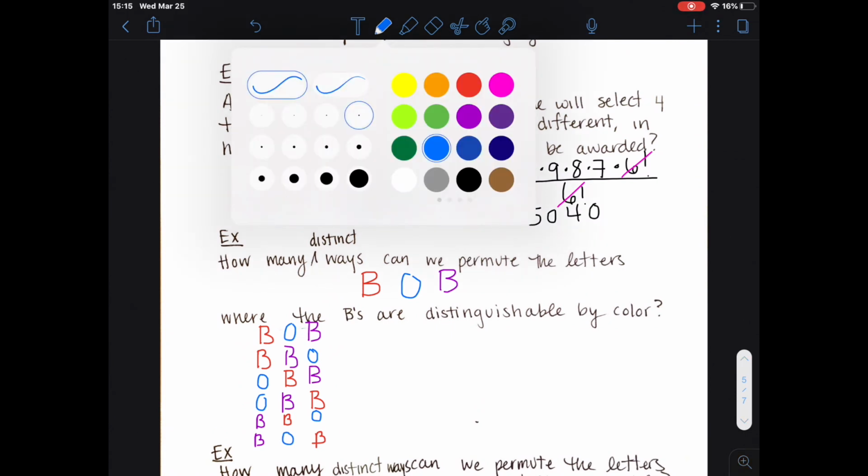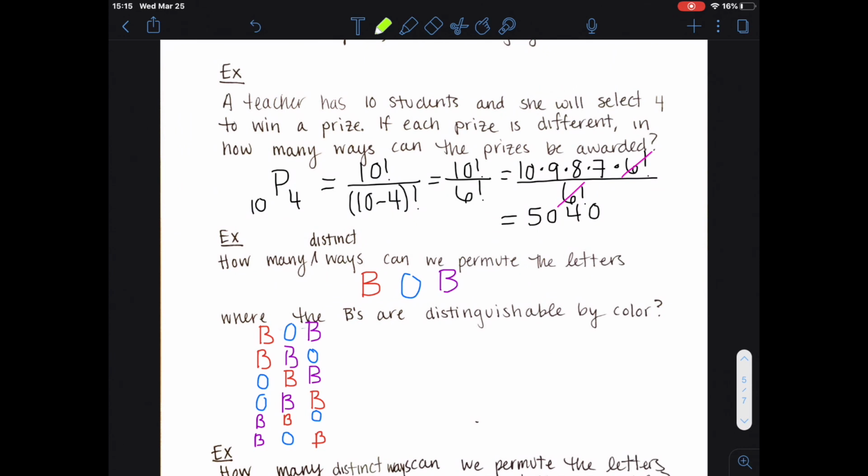So the main thing is, although these spell out exactly the same, and these look exactly the same in terms of letters, they're different because the letters are distinct. Okay? So these are all different because the letters are distinguishable.